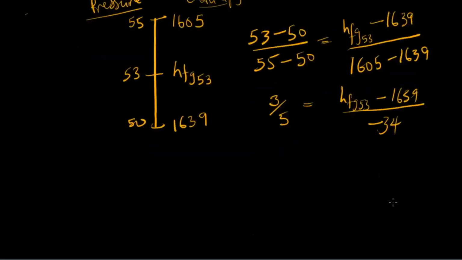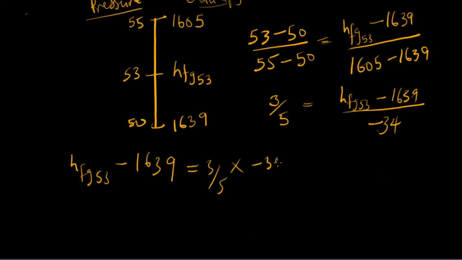So we proceed. Now it becomes hfg at 53 minus 1639 will be equal to 3 over 5 times minus 34.